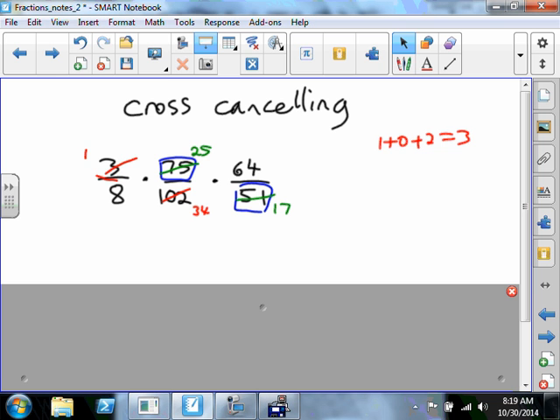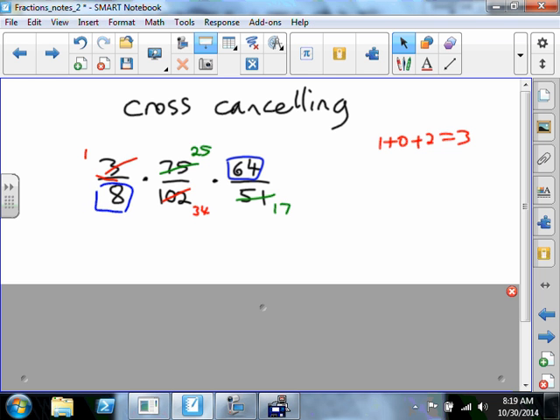So now with cross-canceling, we take a look at this 25 here. Does 25 cross-cancel with the 8? Don't think so. With the 34? Don't think so. With the 17? Don't think so. So now we move on to the 64. Does 64 have anything in the denominator that it's going to cross-cancel with?